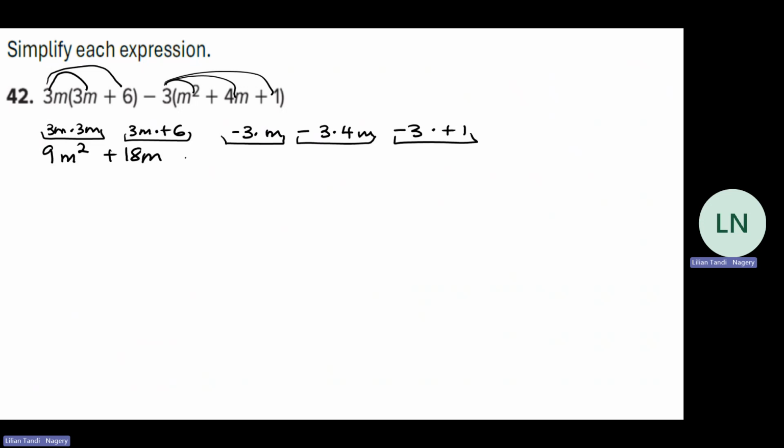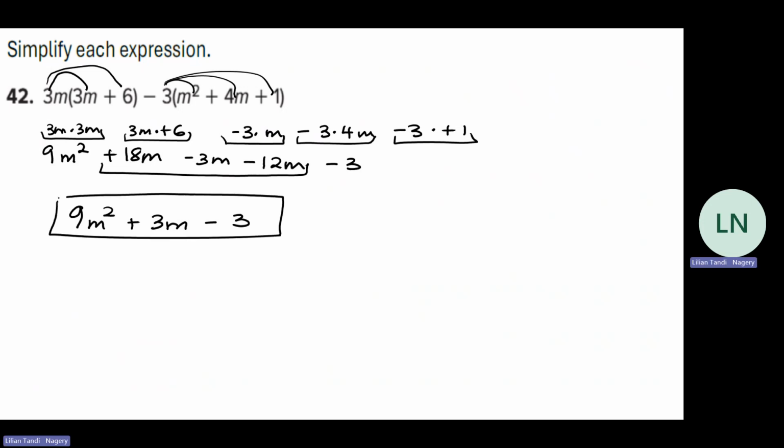So this becomes negative 3m, this becomes negative 12m, and this becomes negative 3. These three are friends. So I have 9m squared. 18 minus 3 is 15. And 15 minus 12 is 3. So positive 3m, okay, minus 3. And I box my answer.